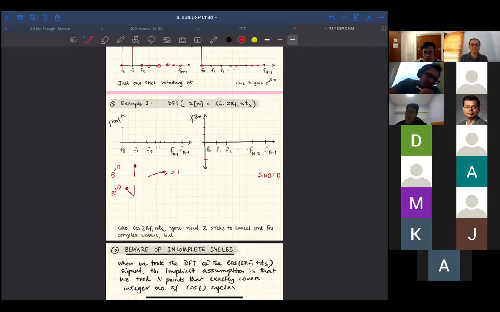If this is theta, then this is negative sine theta. But what you want is sine theta. So maybe this is not the way to start.